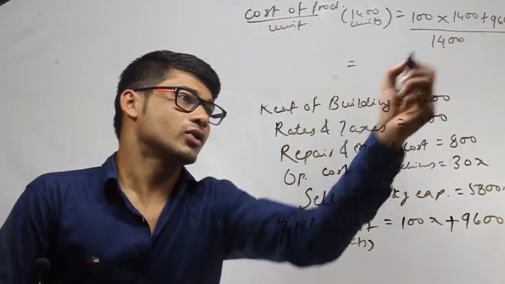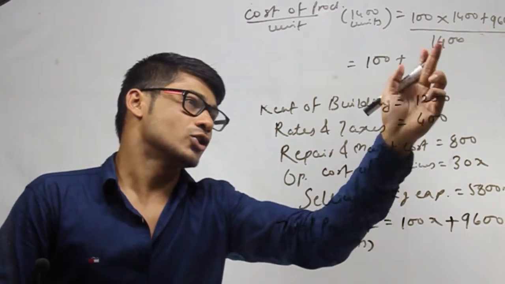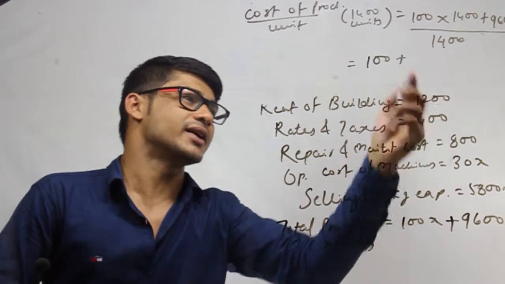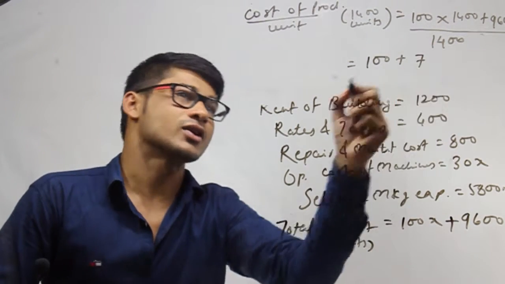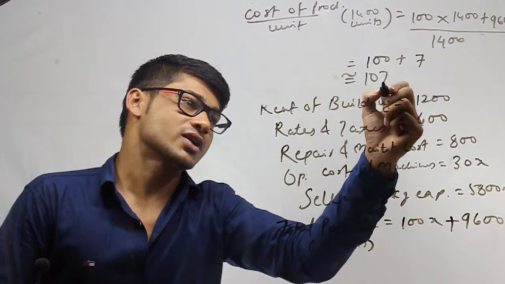So this will be equal to 100 plus 9600 divided by 1400. This will be nearly equal to 7, since 14 sevens are 98. So the cost of production per unit will be nearly 107 rupees.